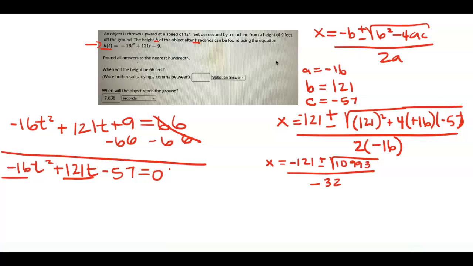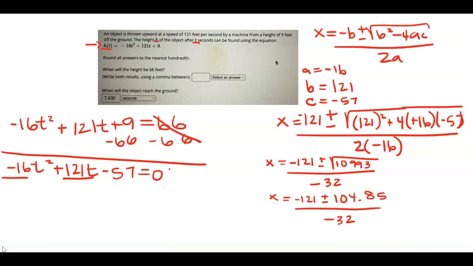So let's see what we can do with 10,993. Okay, so the square root of that is 104.8475. So let's go ahead and write x equals negative 121 plus or minus 104. And it did say round all answers to the nearest hundredth, so I'm just going to round right here: 104.85 divided by negative 32.